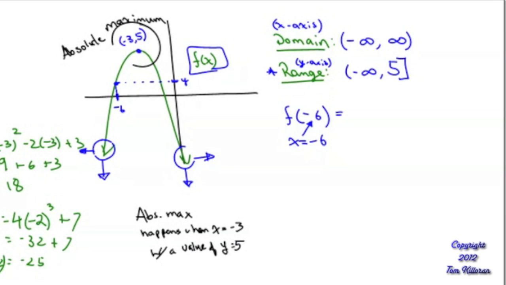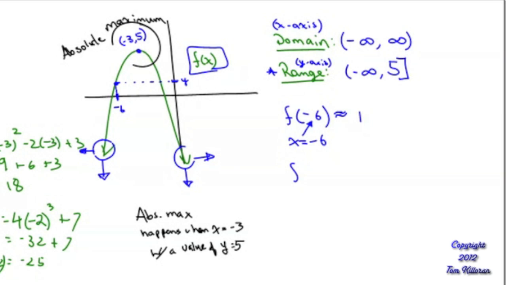Maybe a half. Hard to tell with this graph, so I'm going to put approximately 1. It's approximately 1. It is not 0. You're not going up high enough. -6 starts here. You have to go up to the graph.